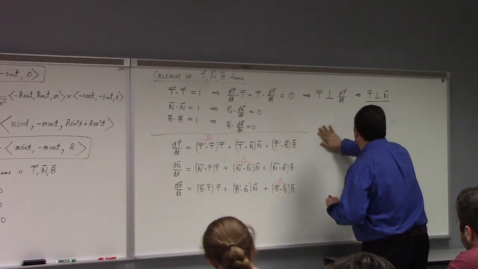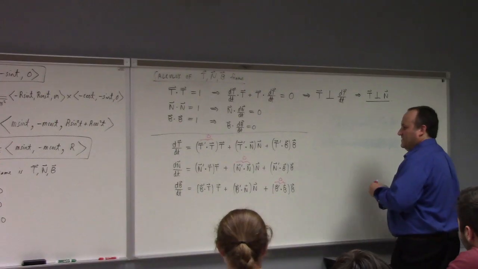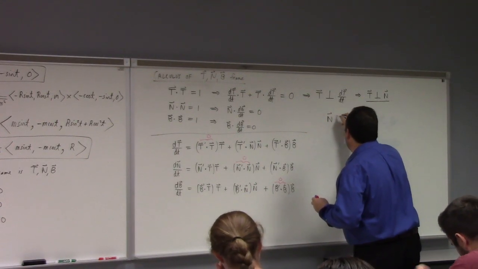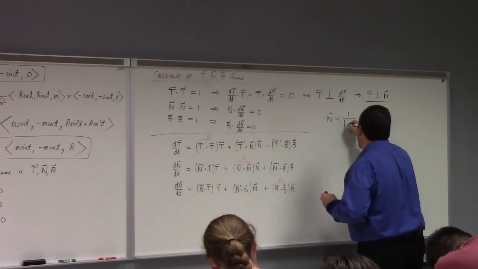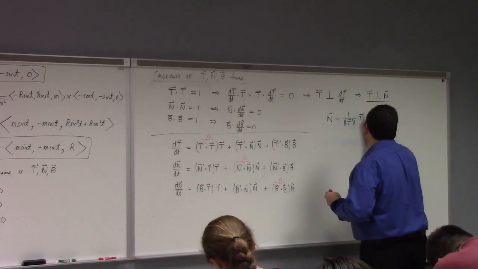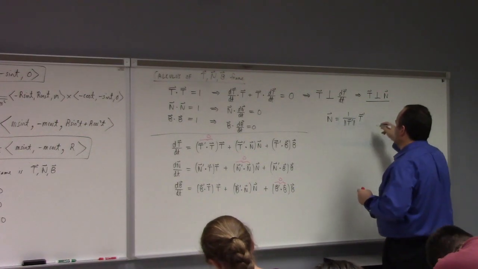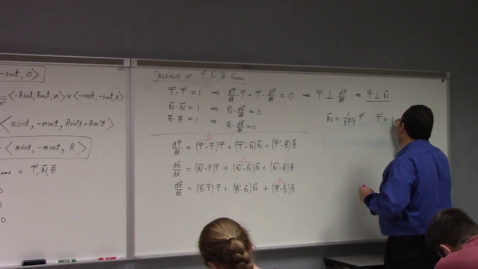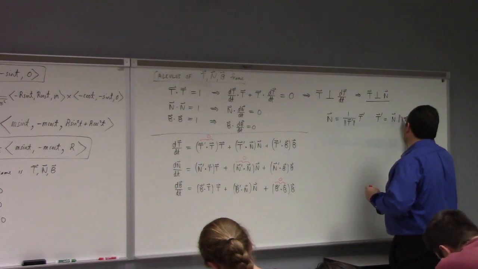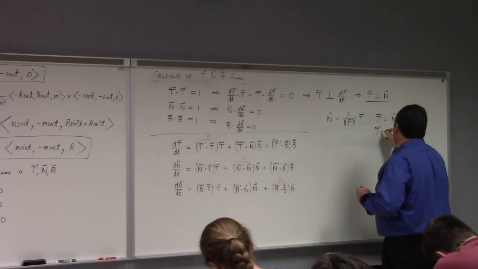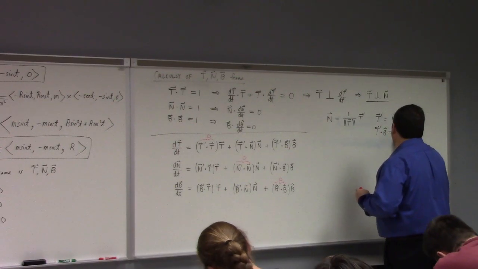Our definition was that the n vector is equal to 1 over the length of t prime, times t prime. So what does this tell us? This tells us that t prime is equal to n times the scalar multiple of the length of t prime. So what is t prime dot b equal to?